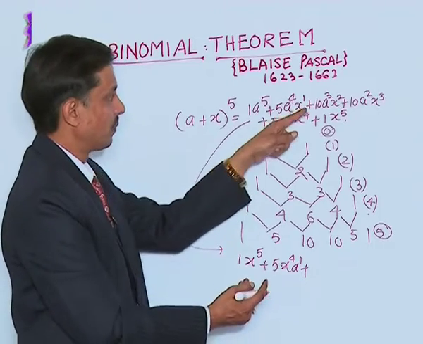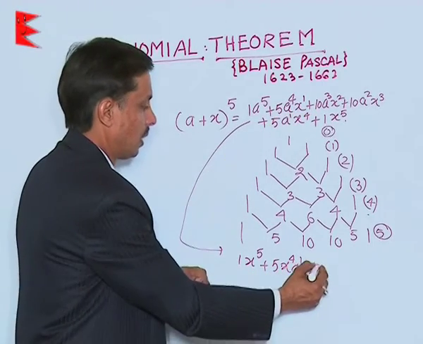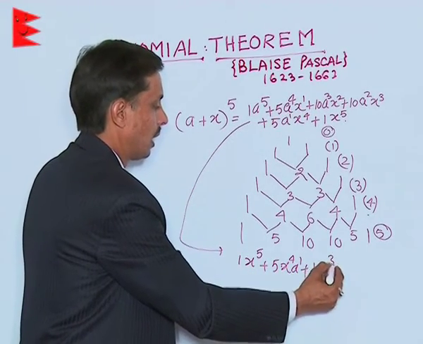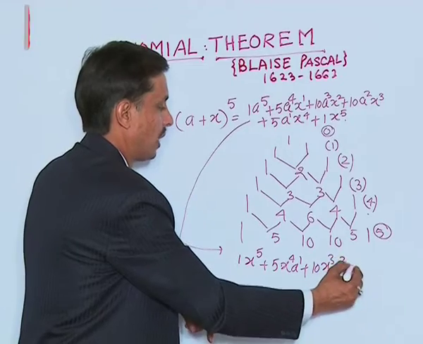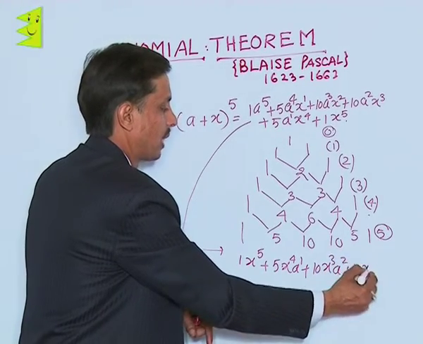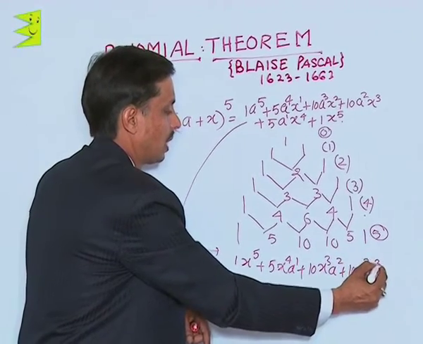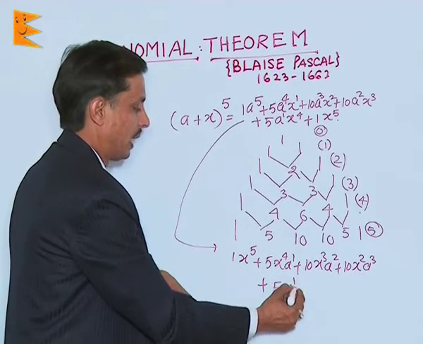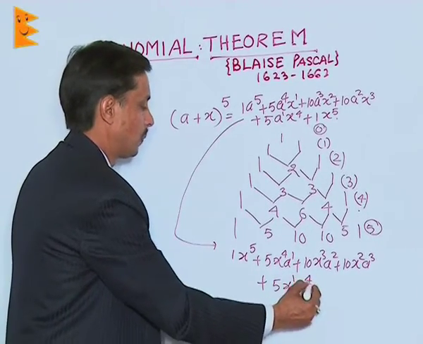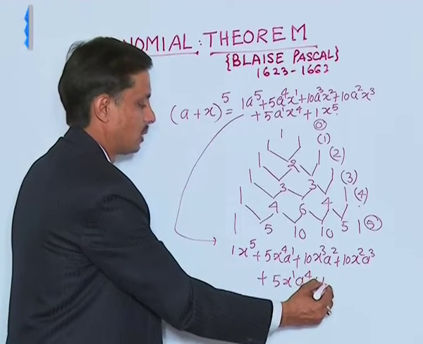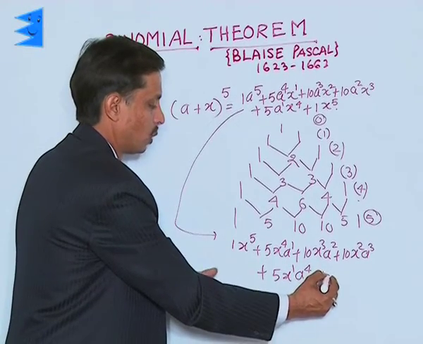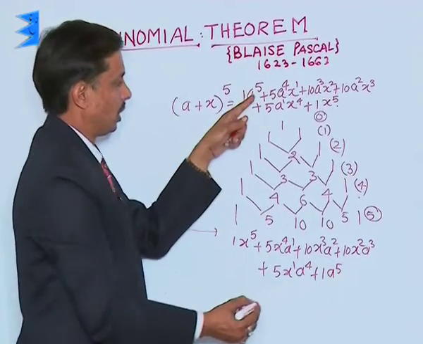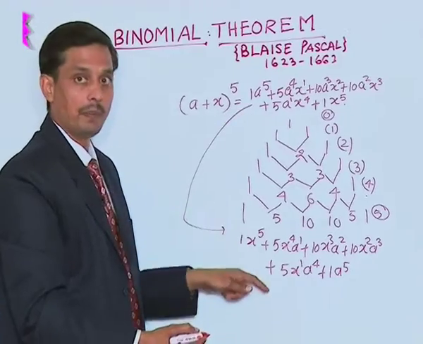Now I am taking another 10, power of x becomes 3 and a's becomes 2, then again 10, power of x becomes 2, a's power becomes 3, and next will be 5, coefficient, power of x is 1, a's power is 4, and then finally it is 1, it is x power 0 and a's power 5. These both are the same.